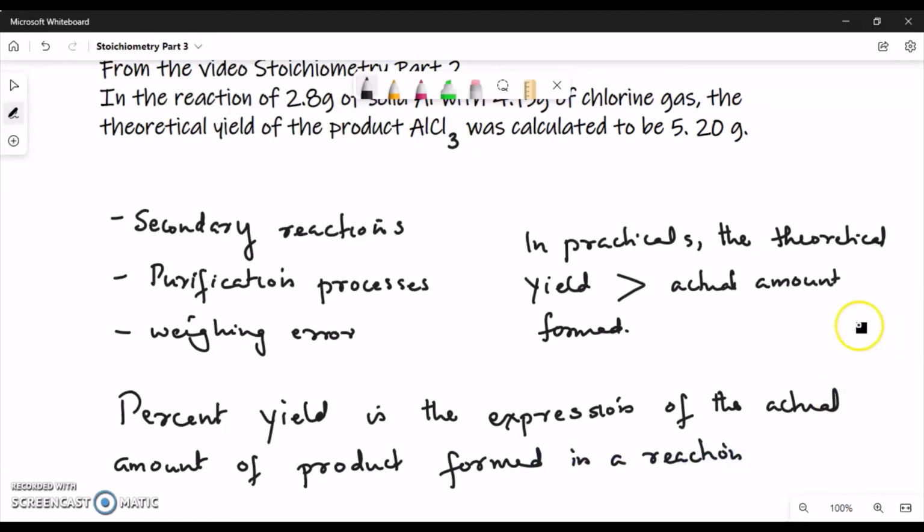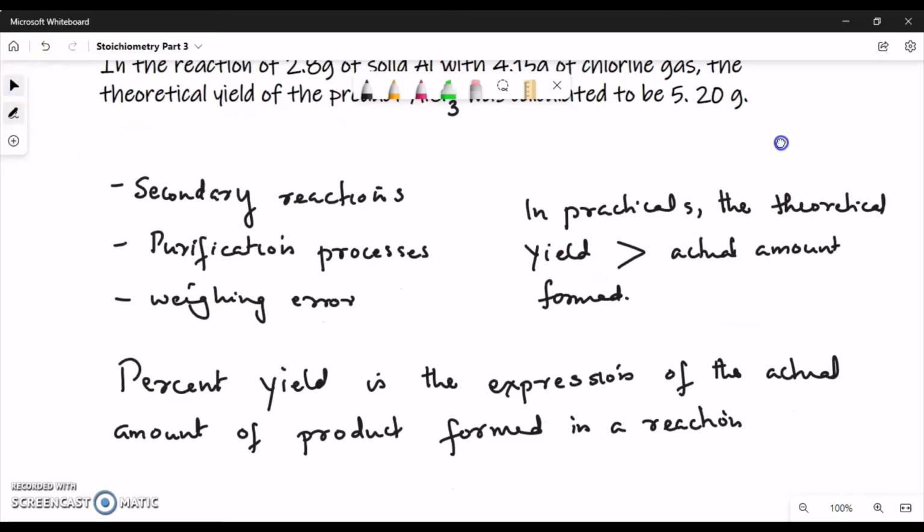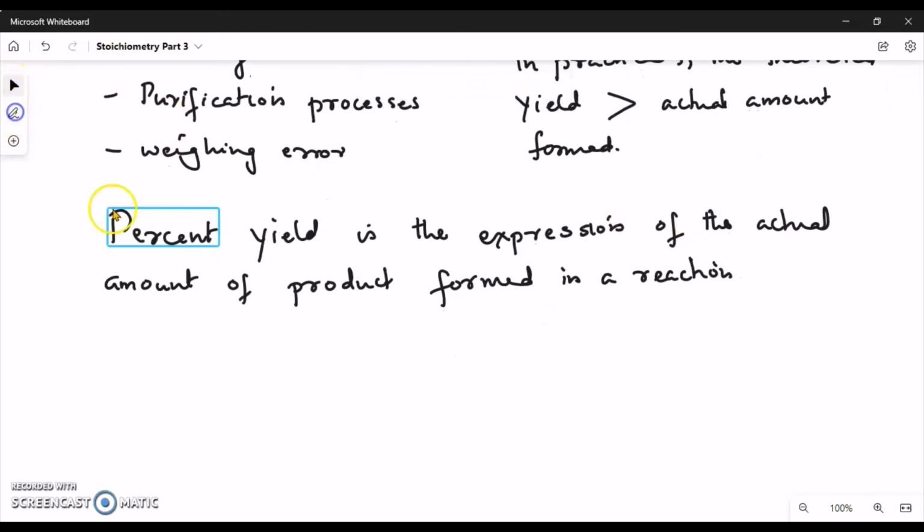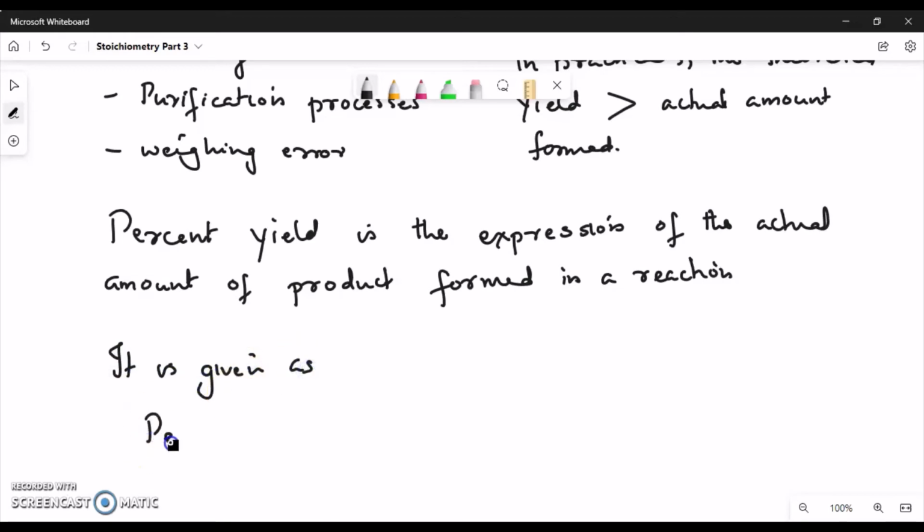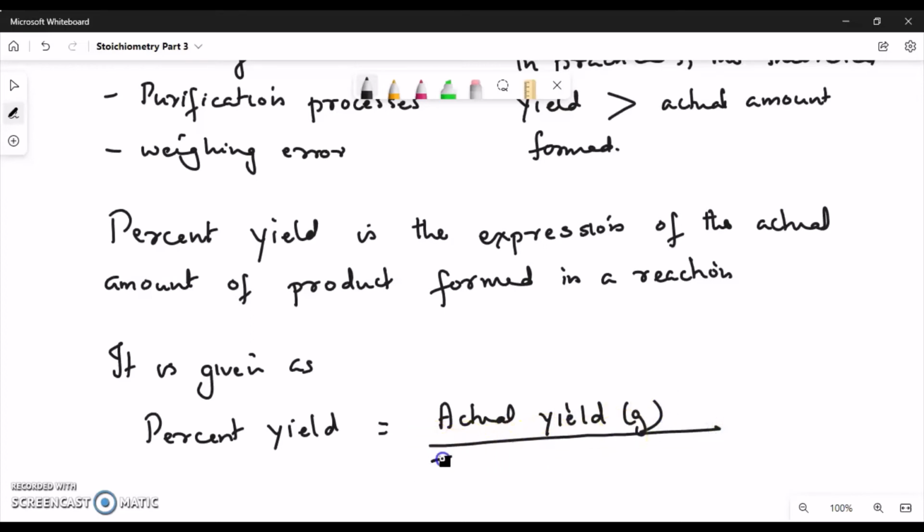It is given by the equation: percent yield is equal to actual yield in grams divided by theoretical yield in grams times 100. So this will give you percent yield.